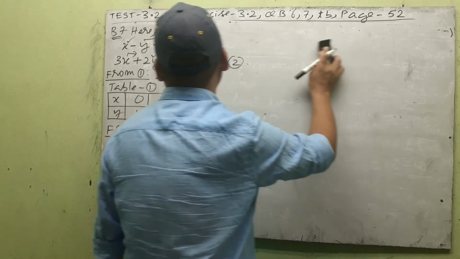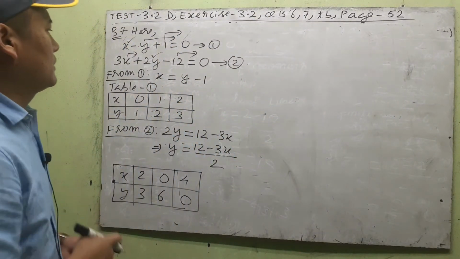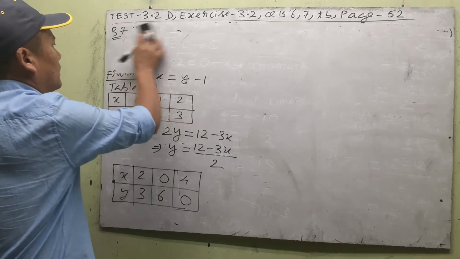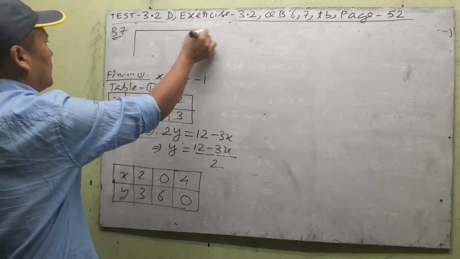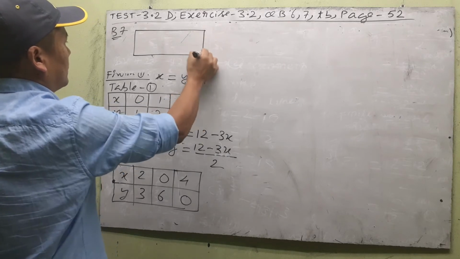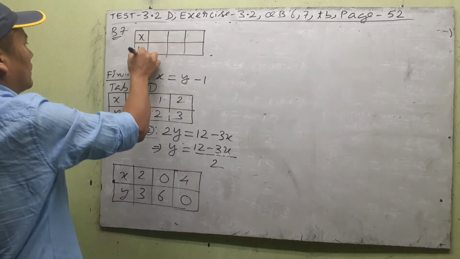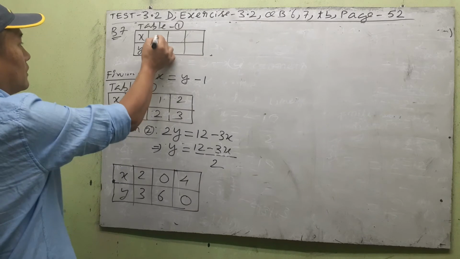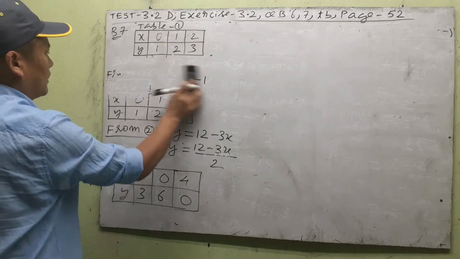So having done that, let me just get some spacing. Here, I'll just rub out this one and draw this table 1. You don't need to do this, because you've already written. Here, first table: 0, 1, 1, 2, 2, 3 is what we got.